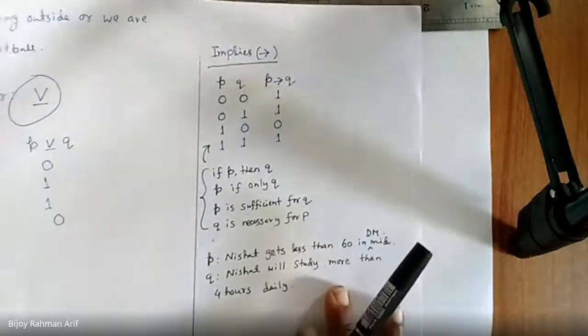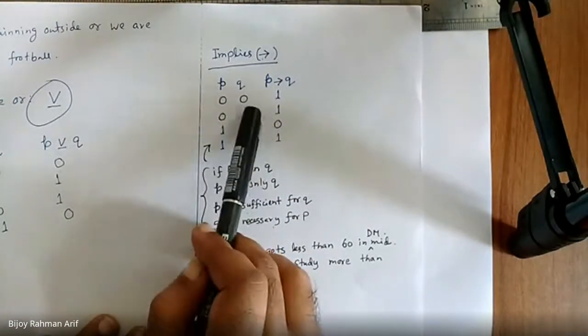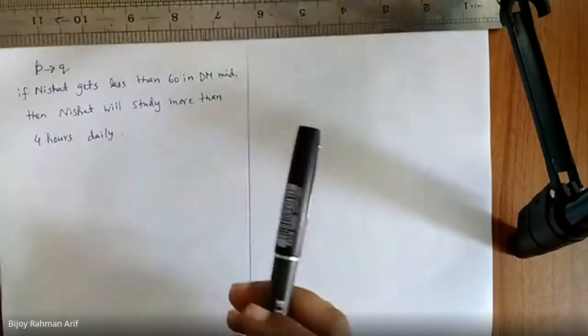Okay. Now let's go to the truth table. That is the fun. What is the first entry in the implies truth table? If P is 0 and Q is 0, P implies Q equals 1. So what is the meaning of this?